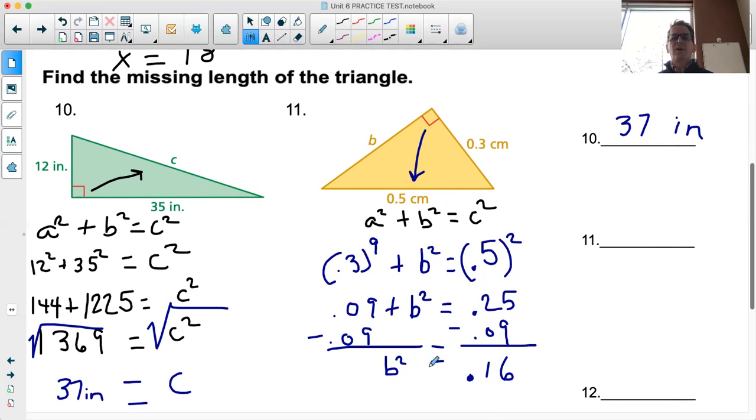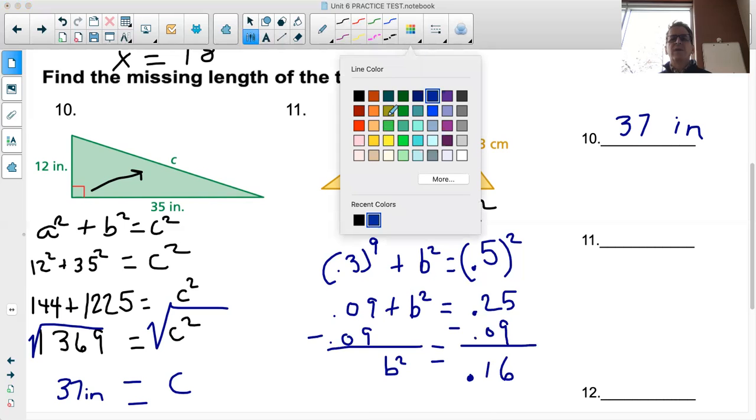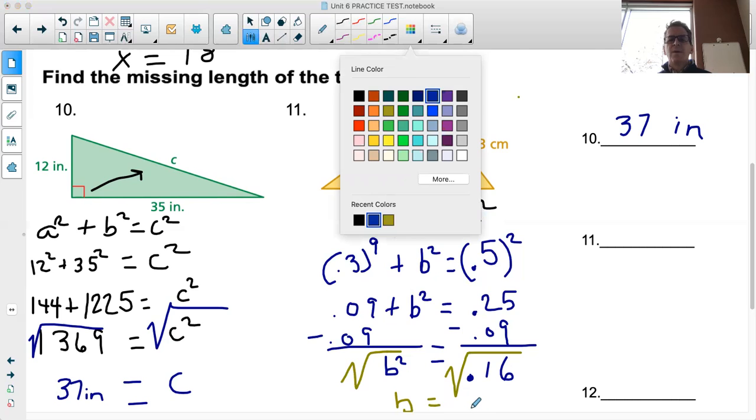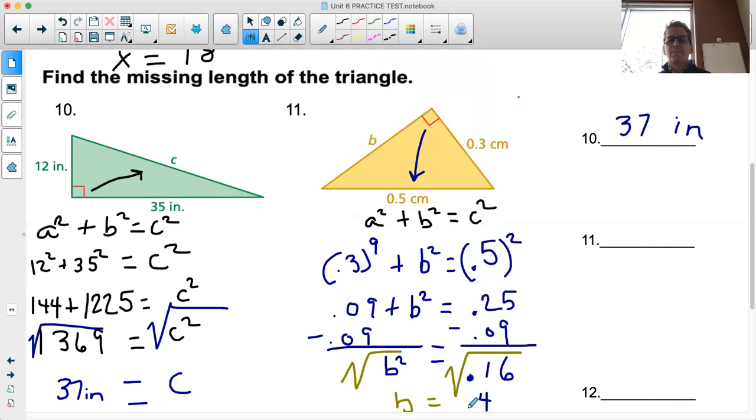I've got b squared is equal to 0.16. At this point we are going to take the square root of both sides. When I take the square root of the left and the square root of the right, I end up with b is equal to 0.4. So the square root of 0.16 is 0.4. That for number 11 would be 0.4 centimeters.